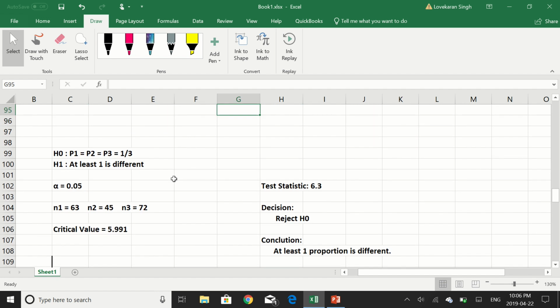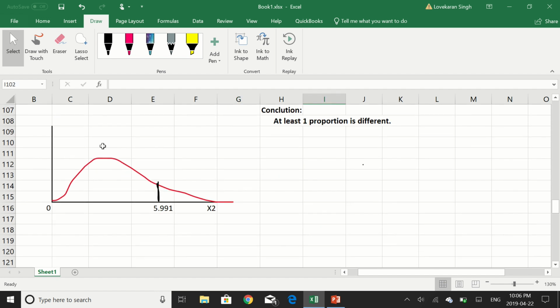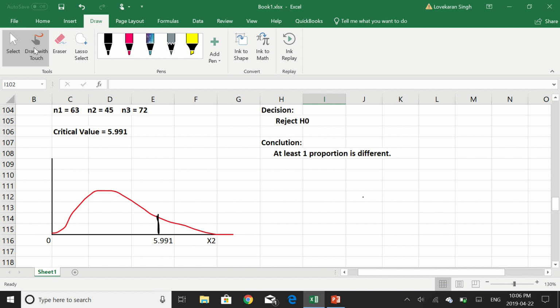Our null hypothesis is that all the conditions are the same, and our alternative hypothesis is that at least one is different. Our answer was 6.3, and our critical value is 5.991.